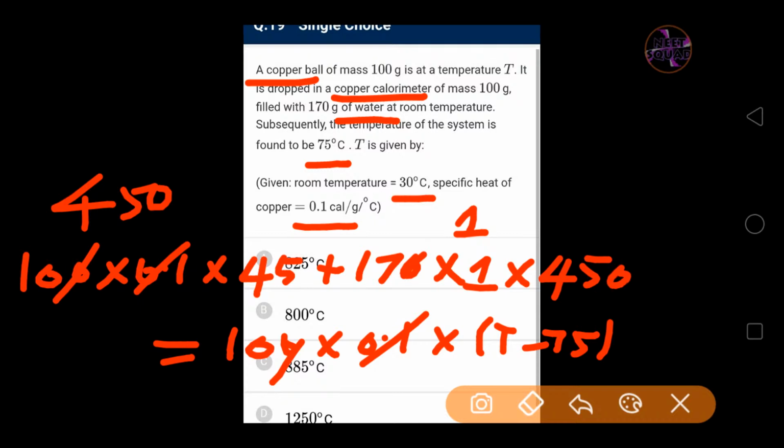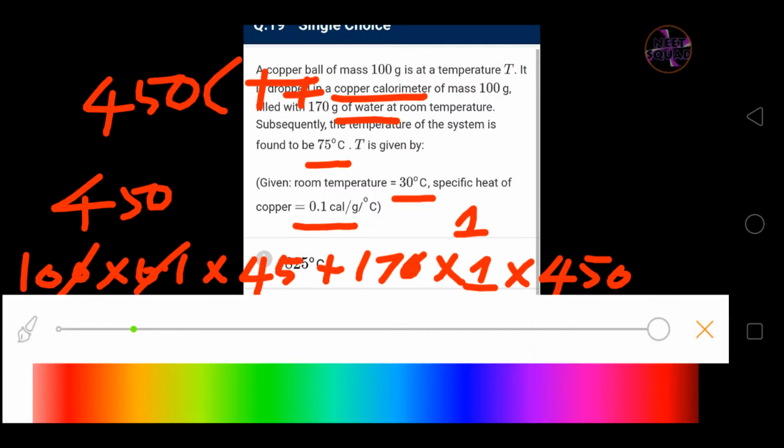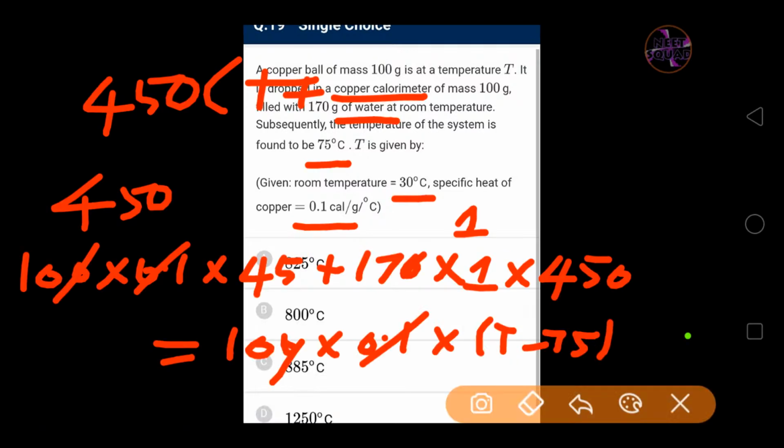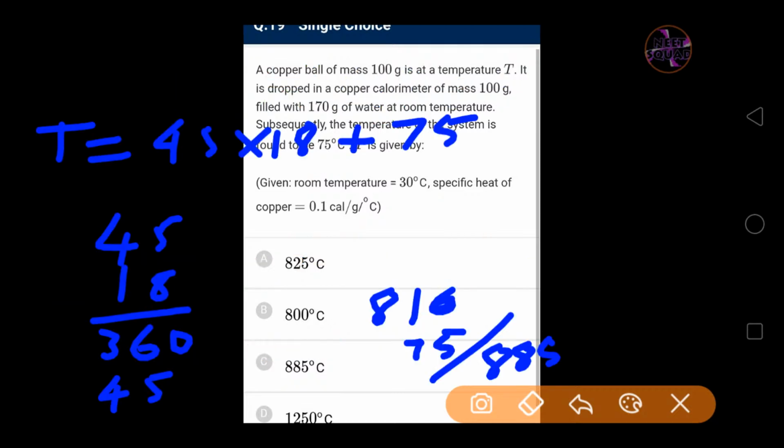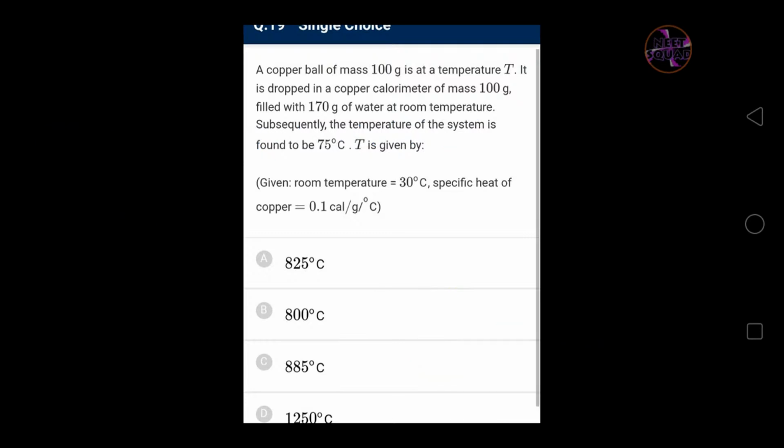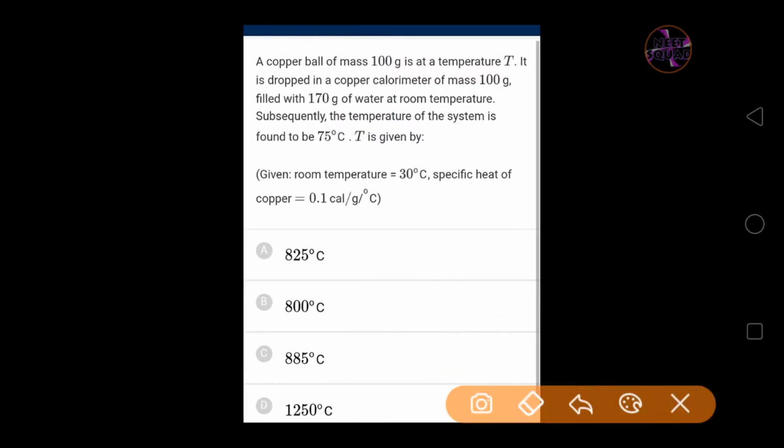So assume 17 into 450. So take 450 outside: 1 plus 17. This is equal to 10 into T minus 75. So 885 is the correct answer.